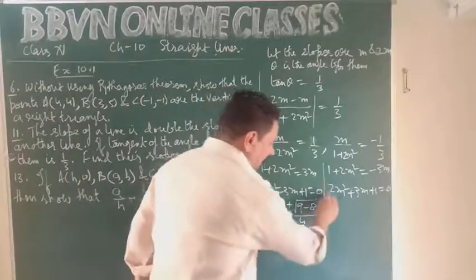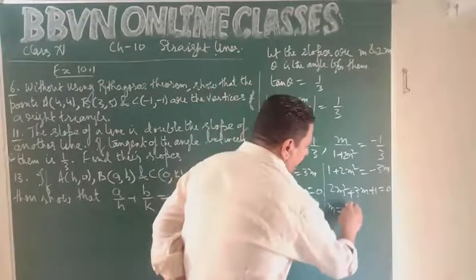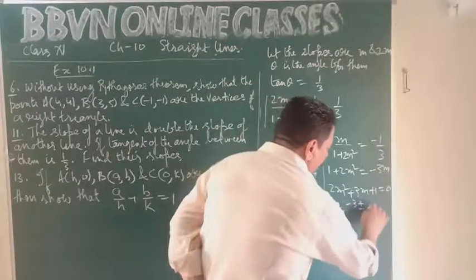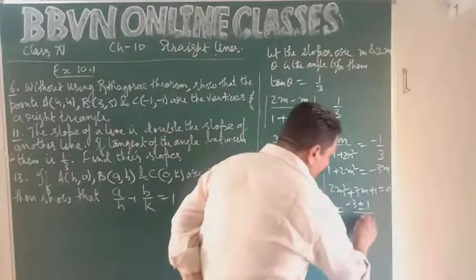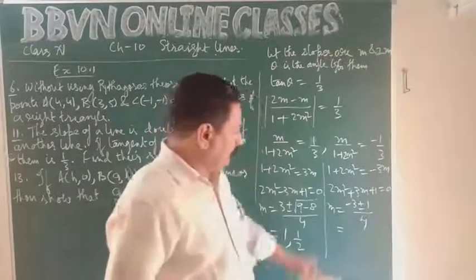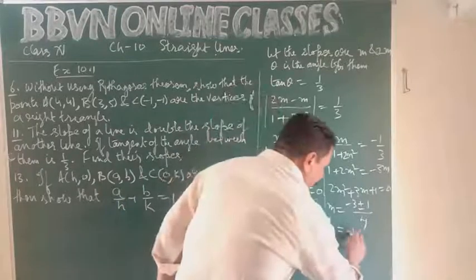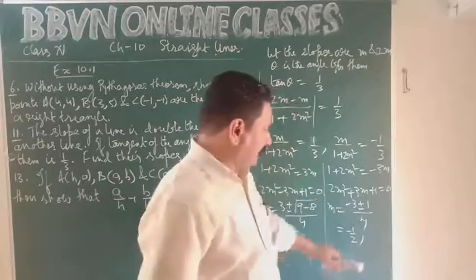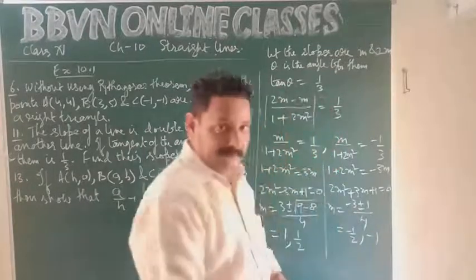And here what do I get? m equal to minus b plus or minus root under b square minus 4ac, 9 minus 8, 1 will come, upon 2a. So if I consider plus, minus 3 plus 1 is minus 2 by 4, that is minus 1 by 2. If I consider minus 1, it is minus 4 upon 4, that is minus 1.